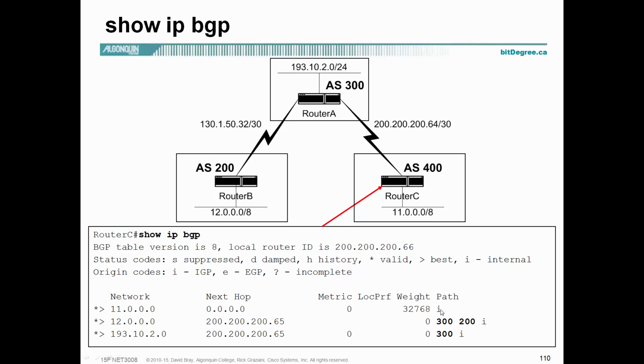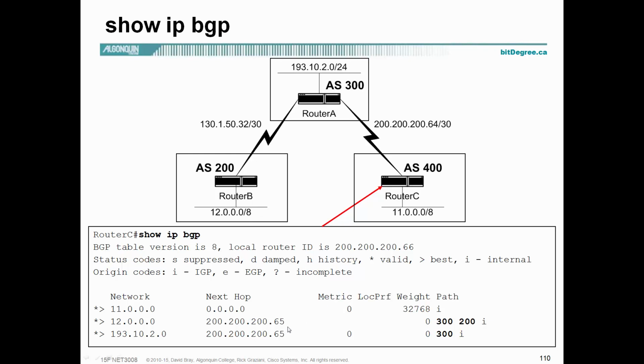And the AS path is simply I, meaning that the origin code is an IGP. So it was announced in this same AS via an IGP. Whereas, look at the next path, to 12/8, which is in AS 200.